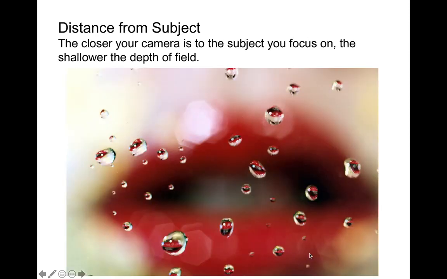On the other hand, Marilyn Minter was very, very close to this subject, focused just on the drops on the glass in front of the lips. And so the lips are completely out of focus and the drops are in focus. Now, these are called circles of confusion. They're visible in this photograph, and these are pinpoints of light that are out of focus.